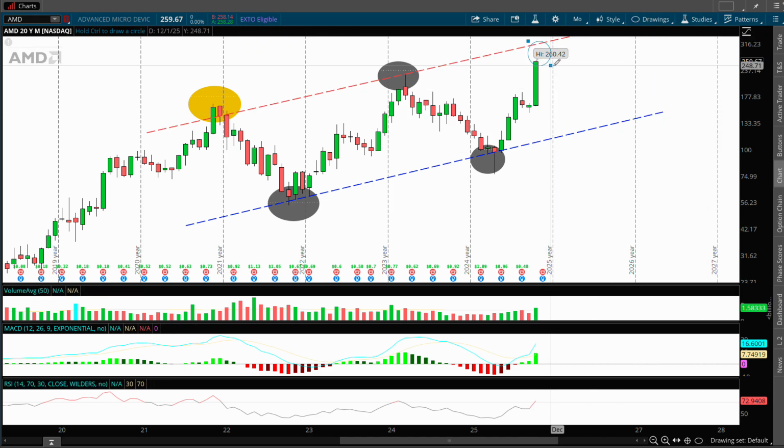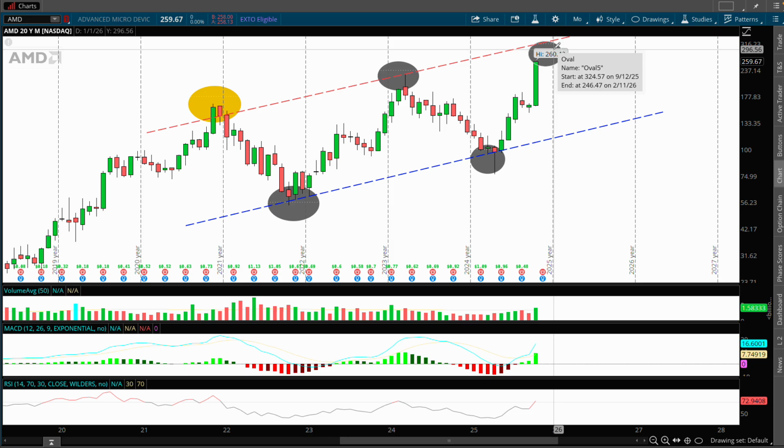That basically translates into a price target of about 300 or 320 sort of here. Okay, 300 to 320.